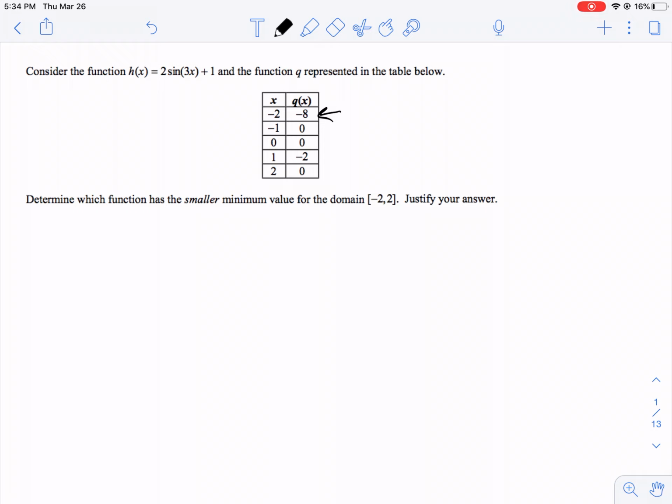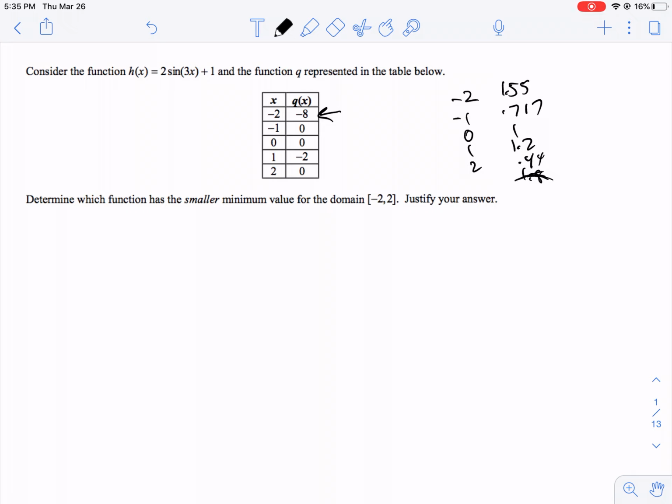Get table of values, and we're looking for -2 to 2. We have 1.55, 0.717, 1.2, 0.44, 1.8. Oops, that's not even on there.